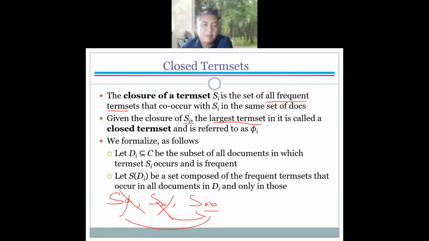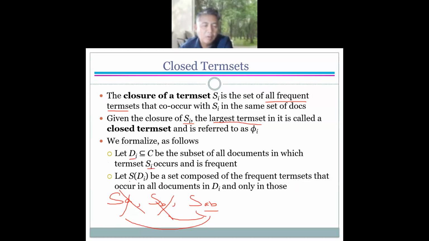Okay, so we formalize this one. Let di be the subset of C, the subset of all the documents. So this is the subset of all the documents that we have that consist of this term set Si, and let capital S di be the set composed of the frequent term sets that occur in all documents di.